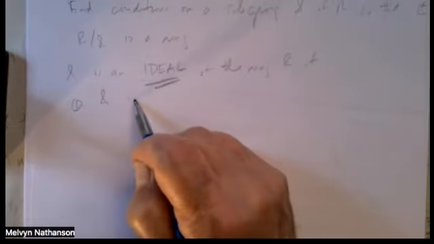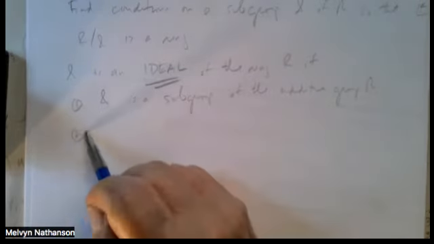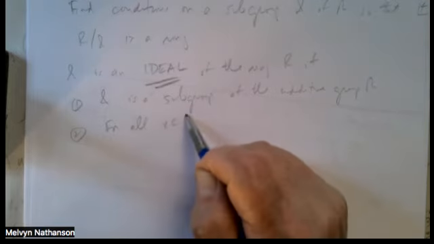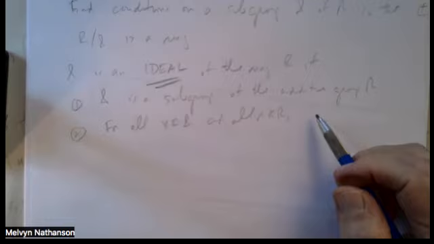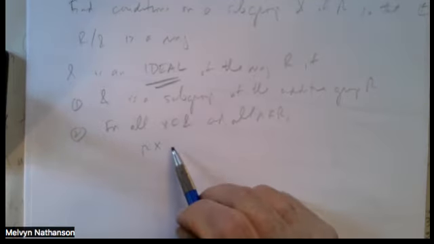First, I is a subgroup of the additive group R. And second, for all x in this subgroup and all elements r in the ring, if I take x and multiply it on the left by r, this is in I. And if I take x and multiply it on the right by r, this is also in the ideal.